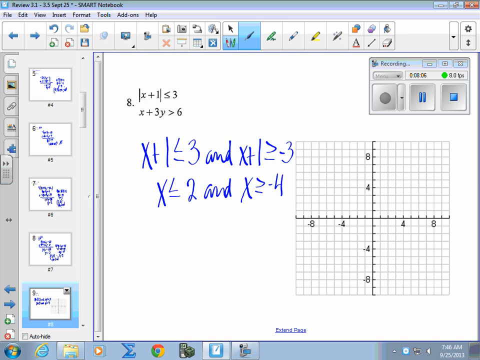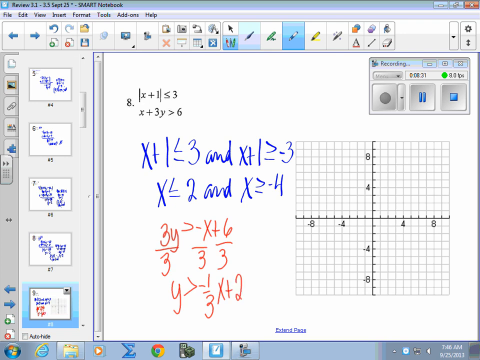And I need to rearrange the order of the other equation. So we'll do this in red. So we have 3y is greater than negative x plus 6. Divide everything by 3. We get y is greater than negative 1/3 x plus 2.